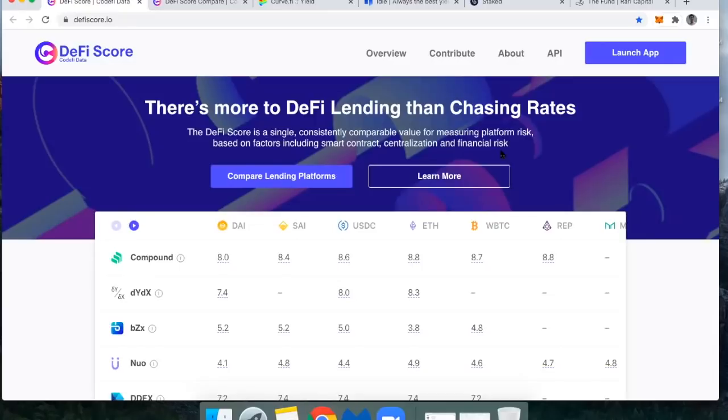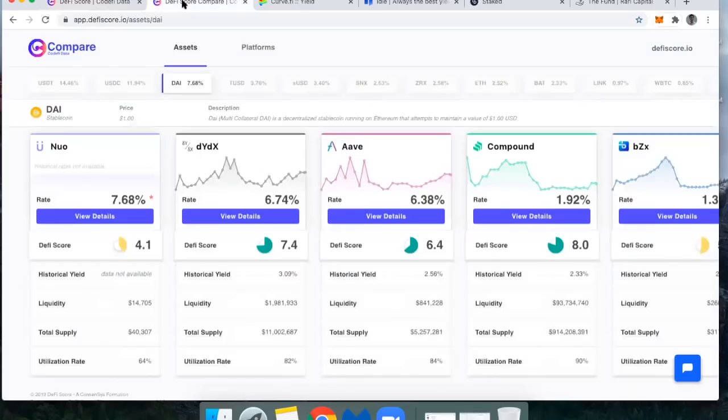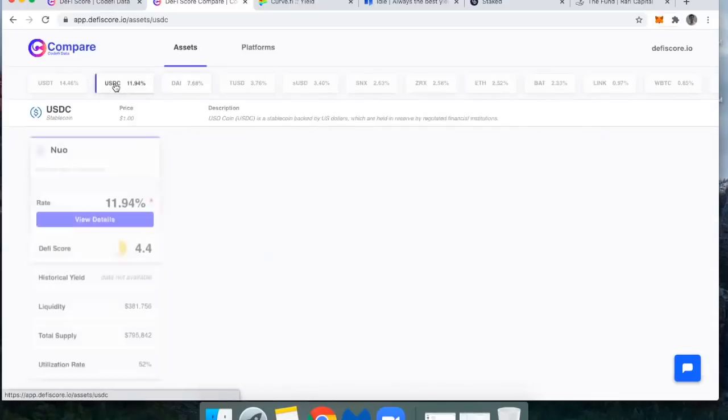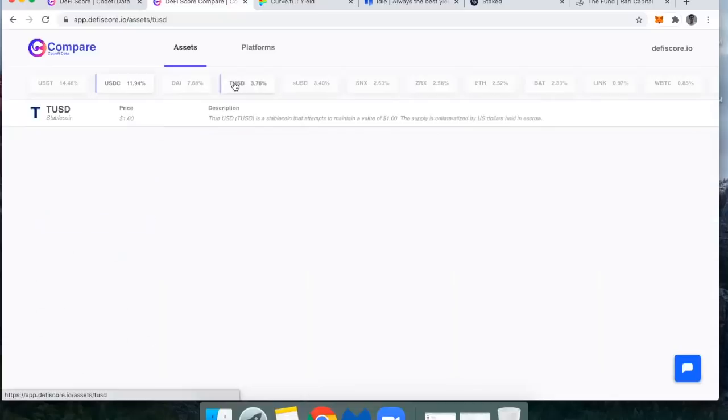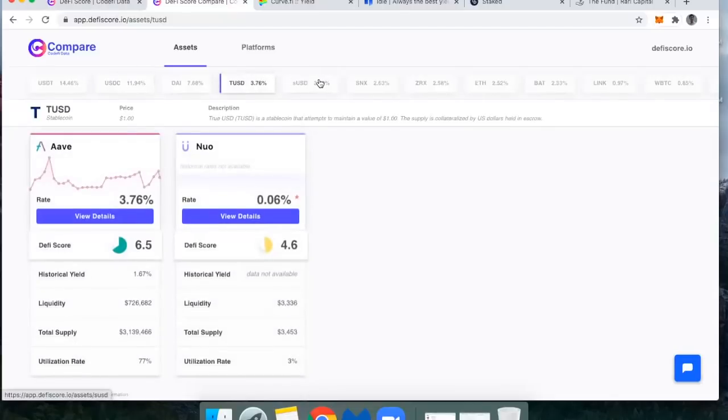So I'm at defiscore.io. Once you get there, you click on compare lending platforms and it'll take you to this dashboard. Then, depending on what assets I have in my wallet or which assets I'm willing to have exposure to, like let's say USDC, there's TrueUSD, there's Tether, there's synthetic USD, there's SNX, and so on.